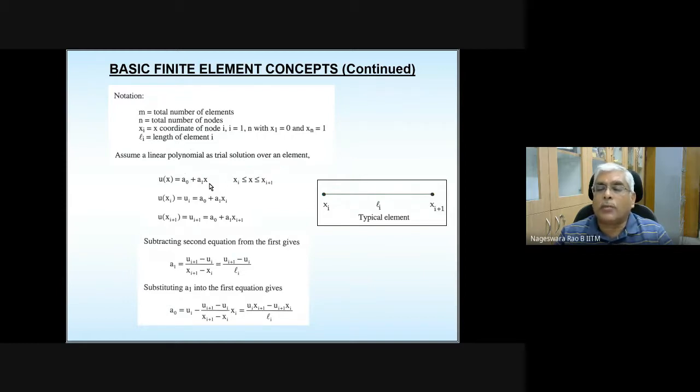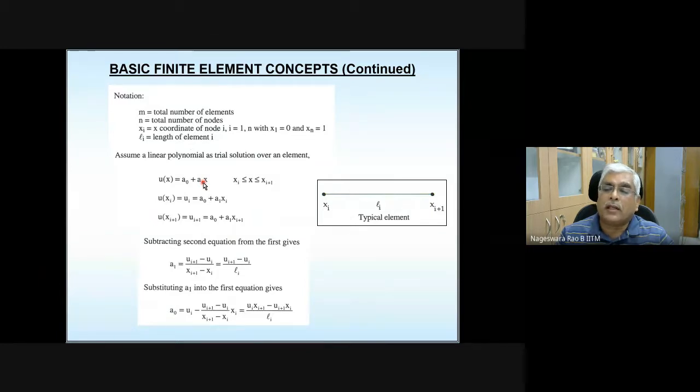You are going to get as many weight functions as there are unknown coefficients. So if you take this equation and use the Galerkin method, you are going to get two weight functions. W0 is the partial derivative of u with respect to a0. W1 is the partial derivative of u with respect to a1. So please make a note of it.